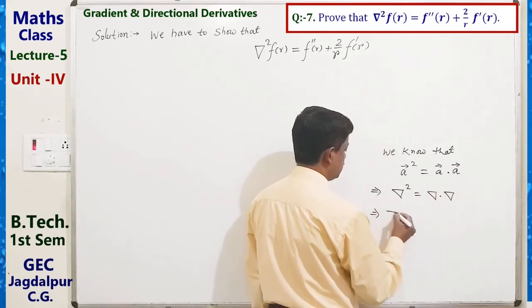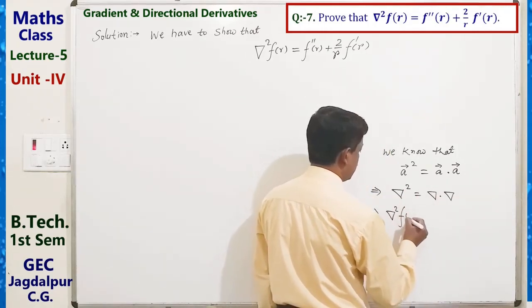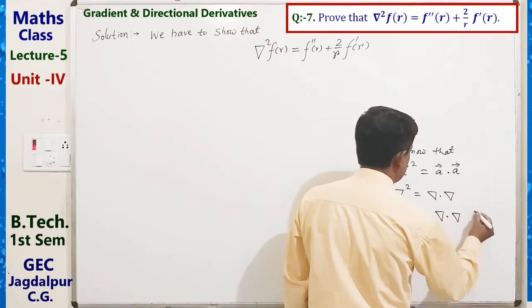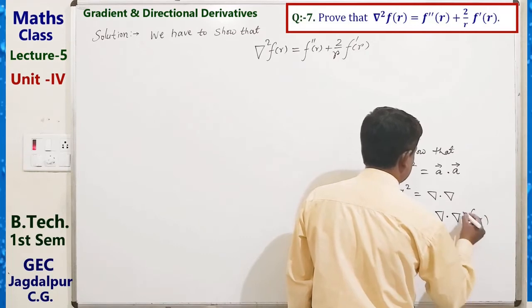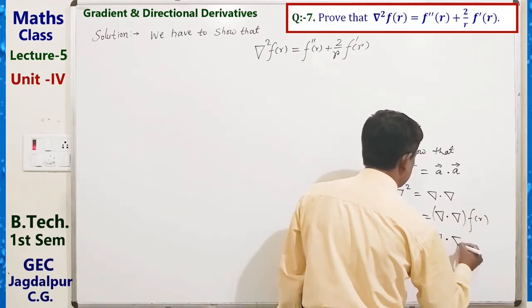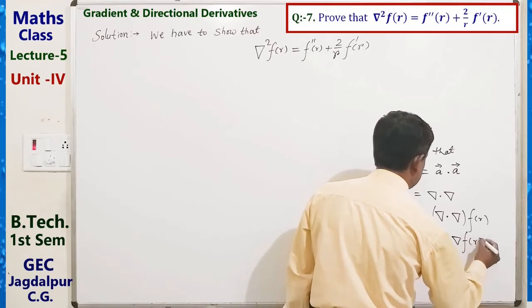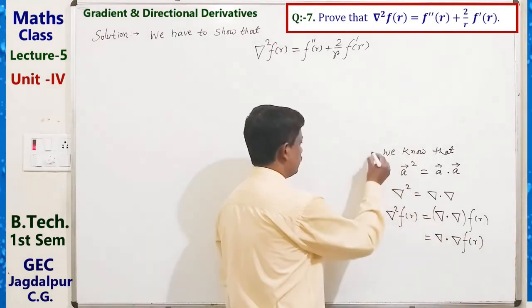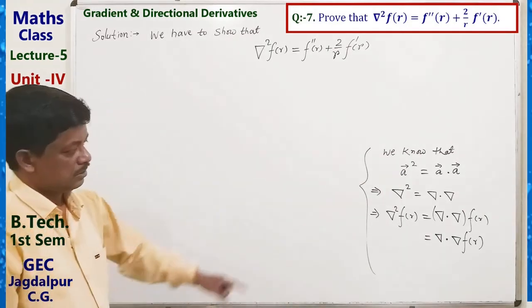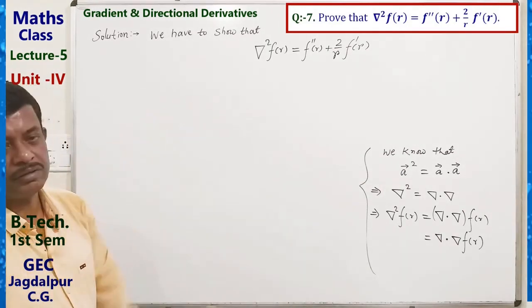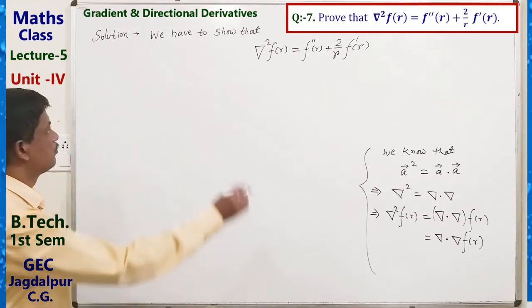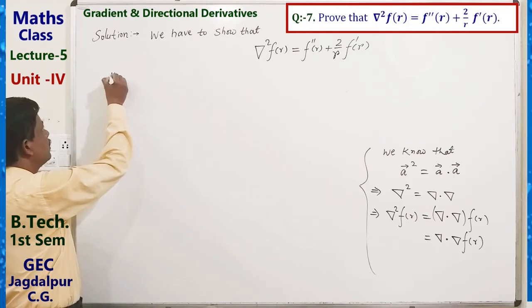That means del square applied on f of r means del dot del f of r, like this. So by this basic we can get this relation.